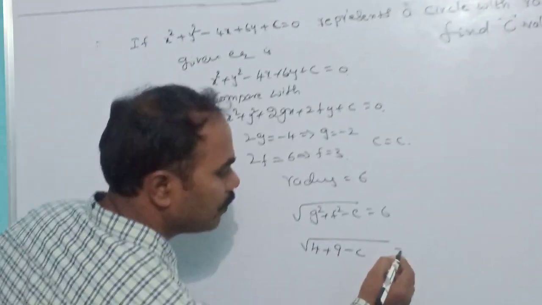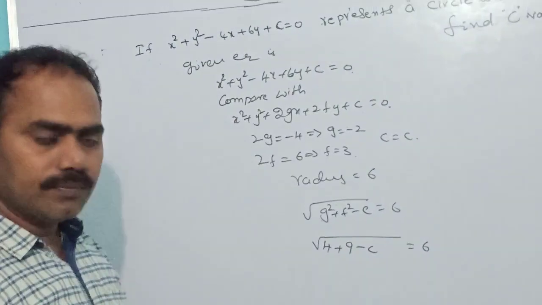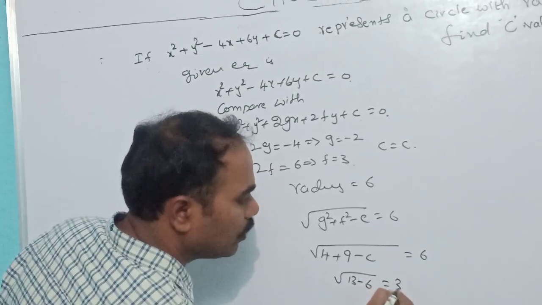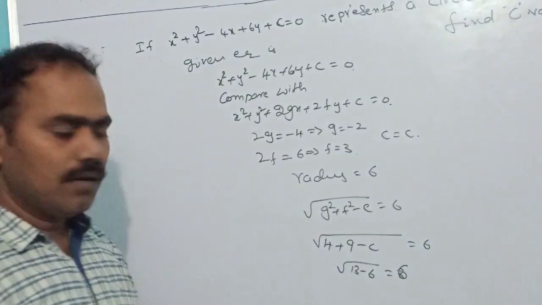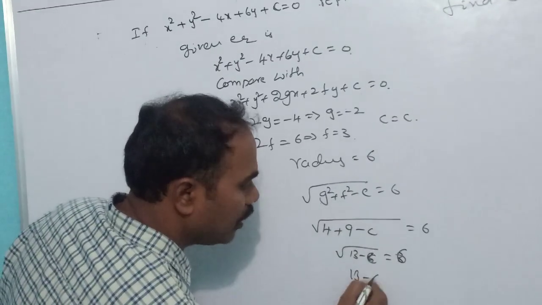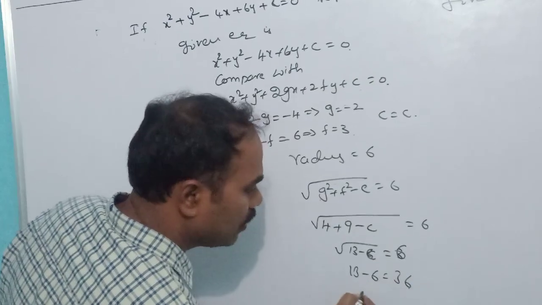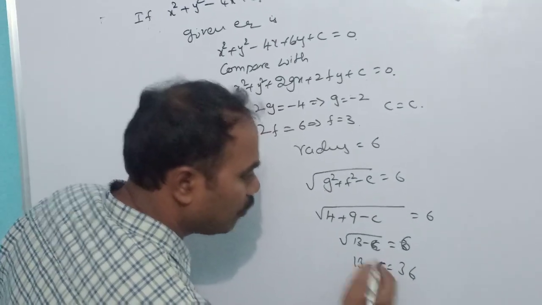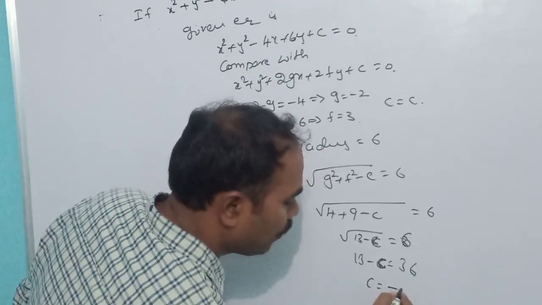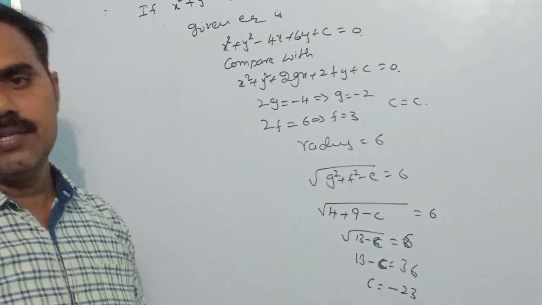So root over 13 minus c equals 6. On squaring both sides, 13 minus c equals 36 and c equals -23.